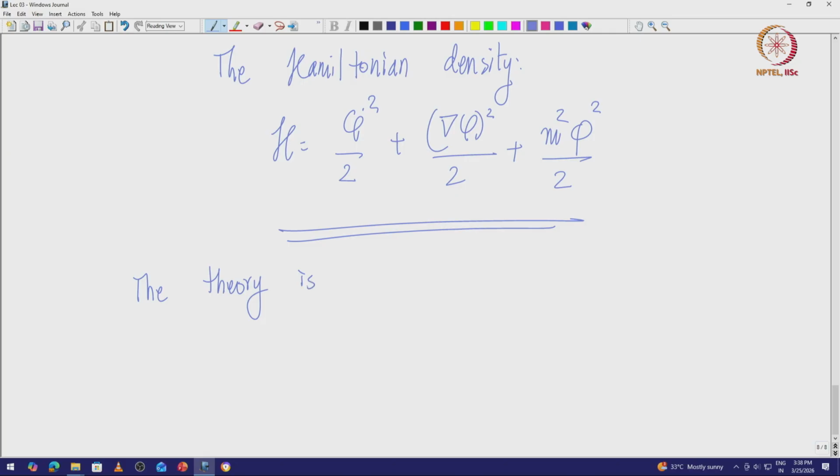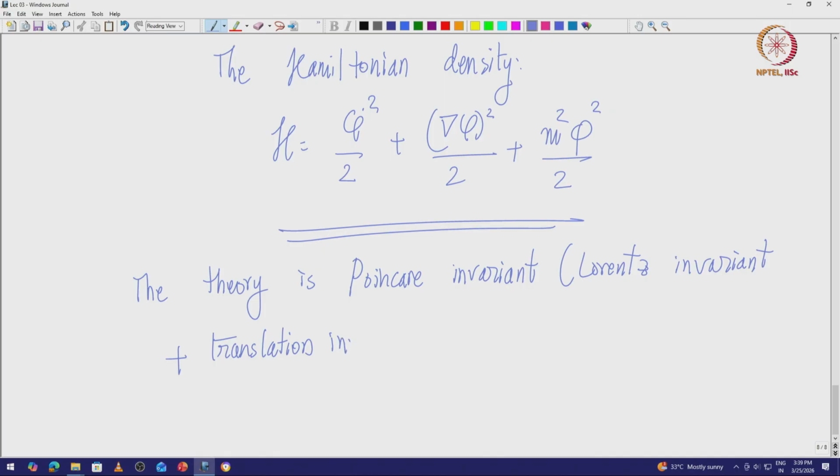The Lagrangian is Poincare invariant. Poincare means Lorentz invariant plus translational invariant. The theory is Poincare invariant, and now we are ready to impose the canonical quantization.